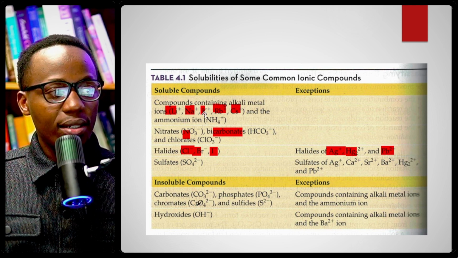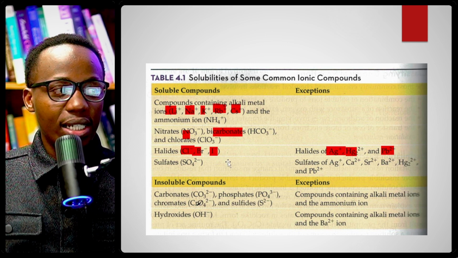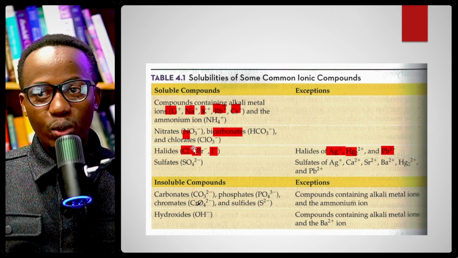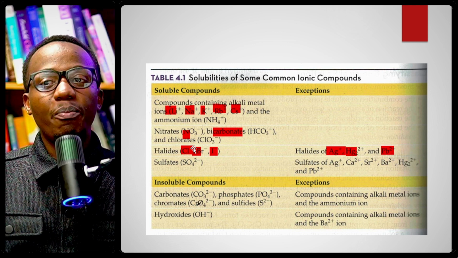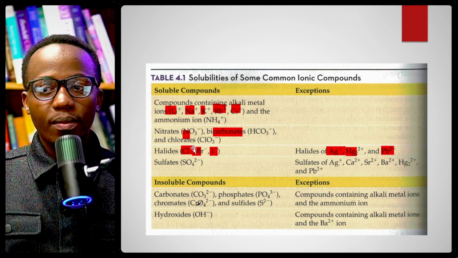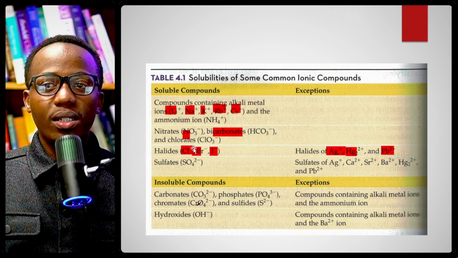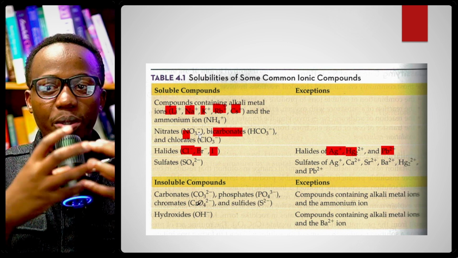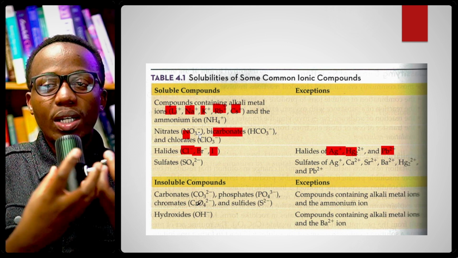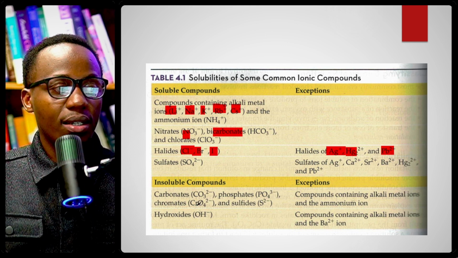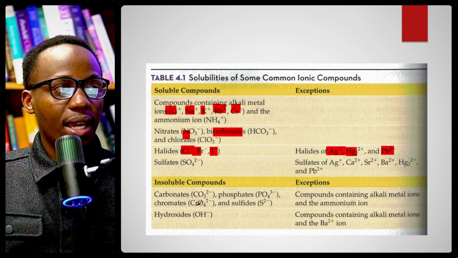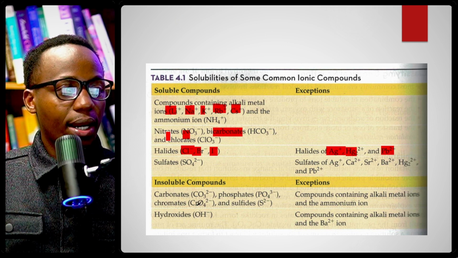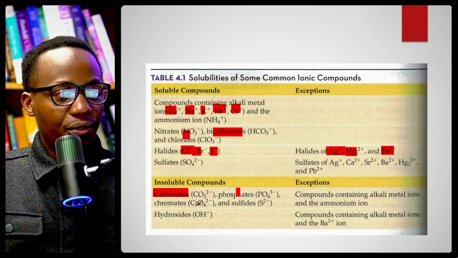And so if you have AgCl in a solution, it will not dissolve. It will not be liquid. It will be cloudy. It will be a chunk in a solution. That's what we call a precipitate, right? Other compounds that are completely insoluble are things like carbonates, right?